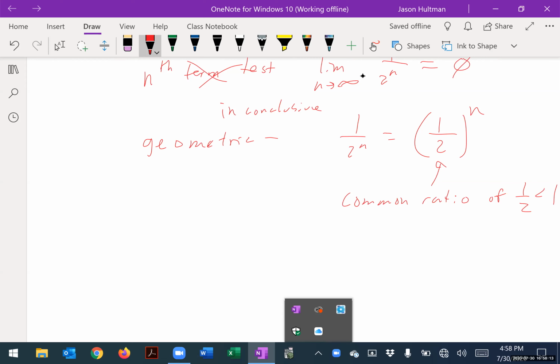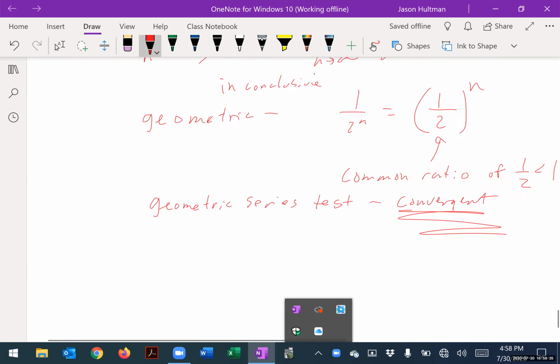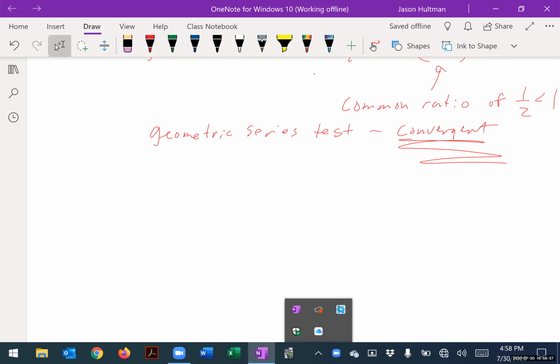So by the geometric series test, this thing is what? Okay, very good, Victor. It is convergent. Nice, nice, nice, nice, baby.